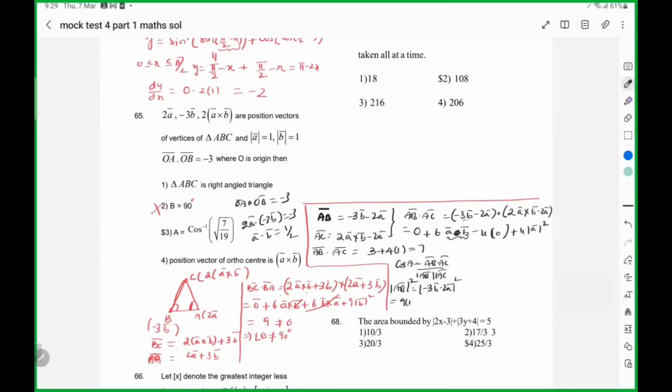Here 9 mod B square plus 4 mod A square, and between B and A, it is 6 B dot A, half. 9 plus 4, 13, plus 3, 16.